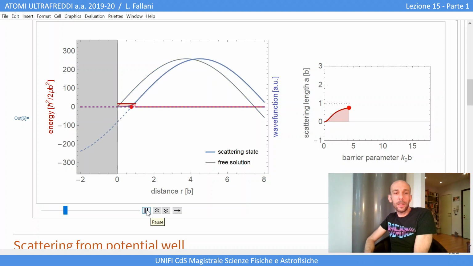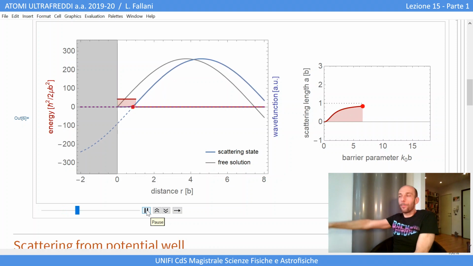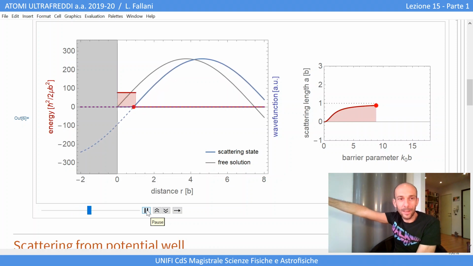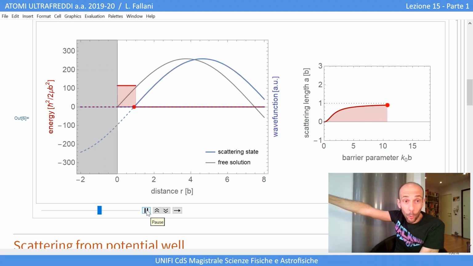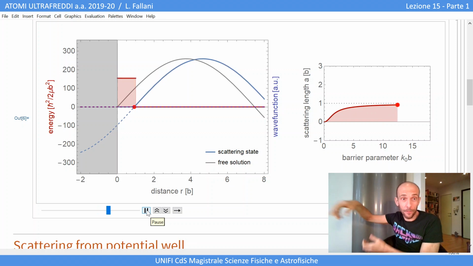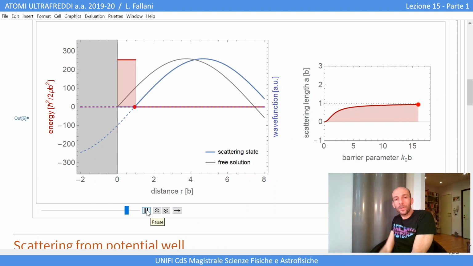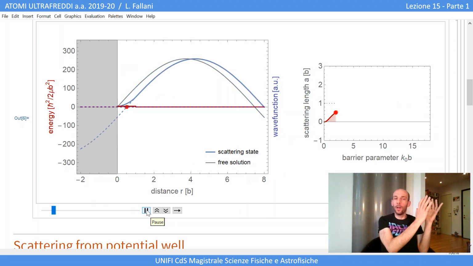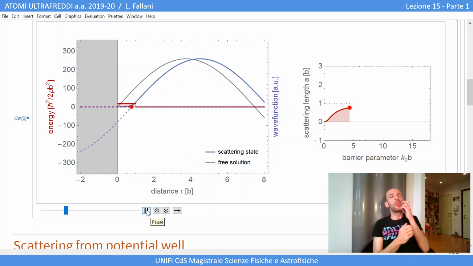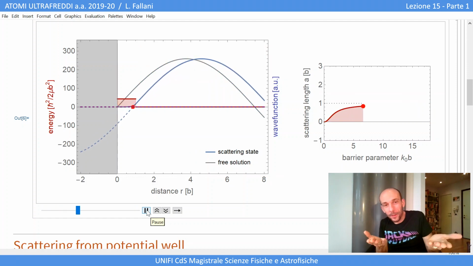So you see that as the potential barrier, indicated in red in the plot on the left, is growing in size, the scattering state is displaced more and more towards positive distances. So you have a delay of the scattered wave function.